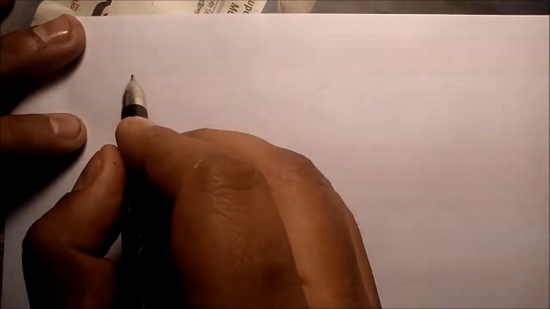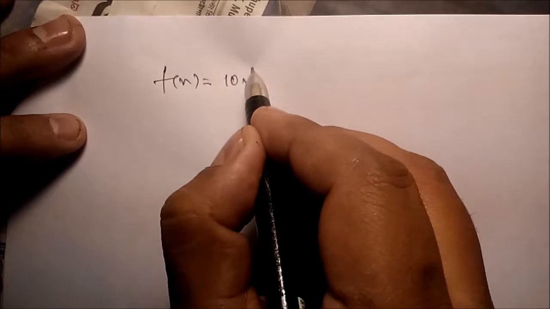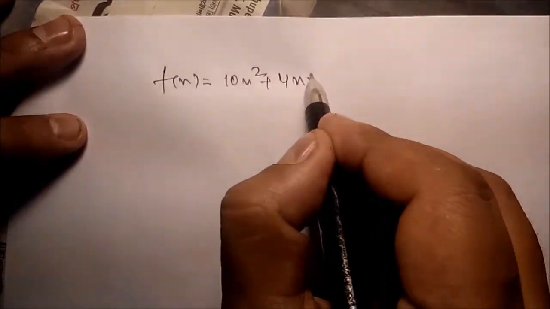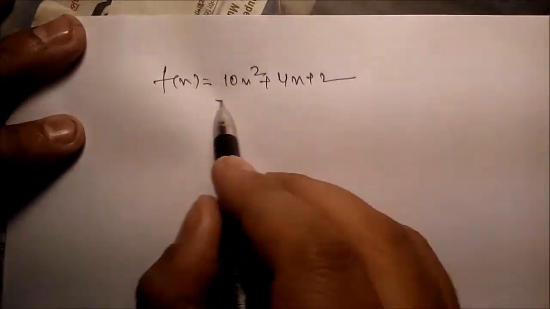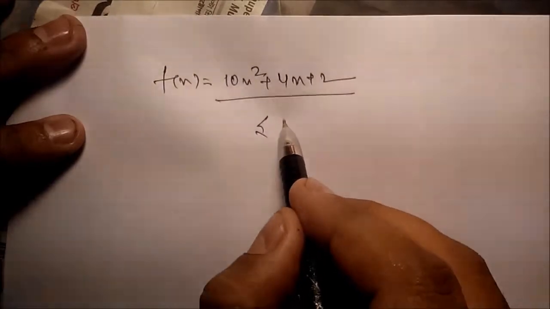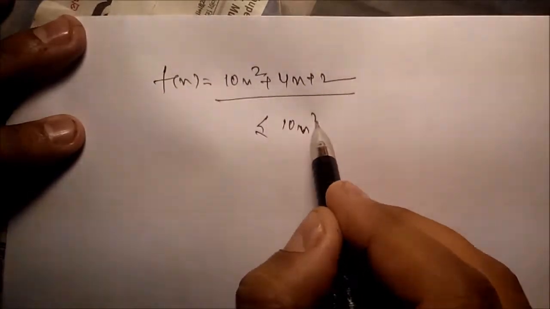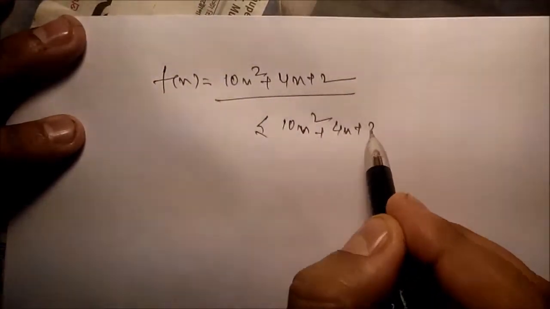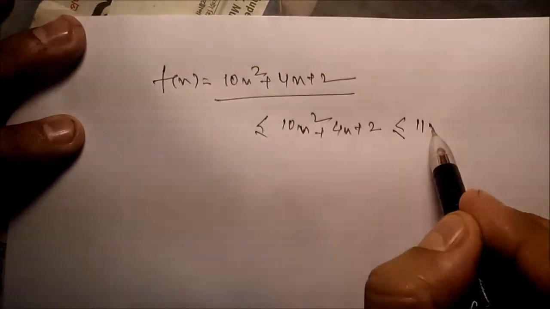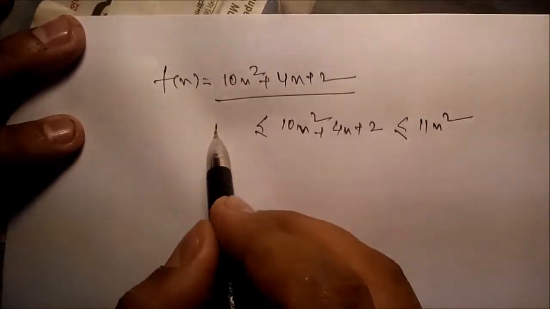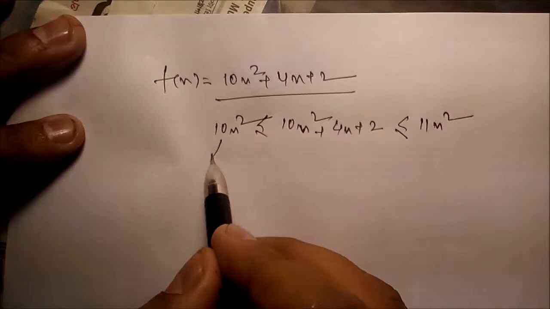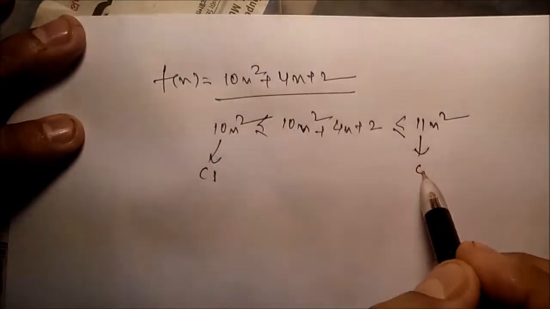Next example, suppose Fn is equal to 10n square plus 4n plus 2. For this we can write 10n square plus 4n plus 2 is less than 11n square. This is nothing but our C1, this is nothing but our C2.